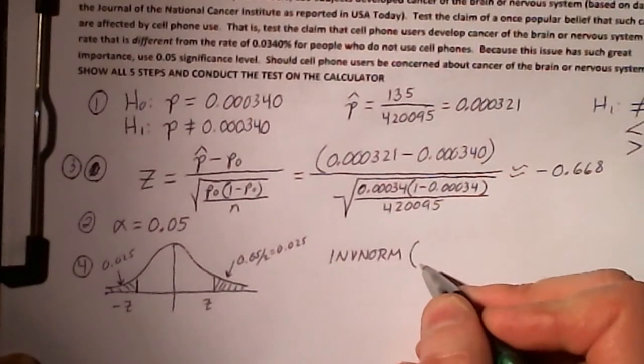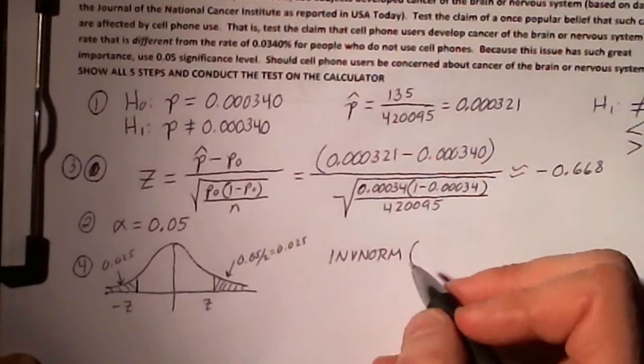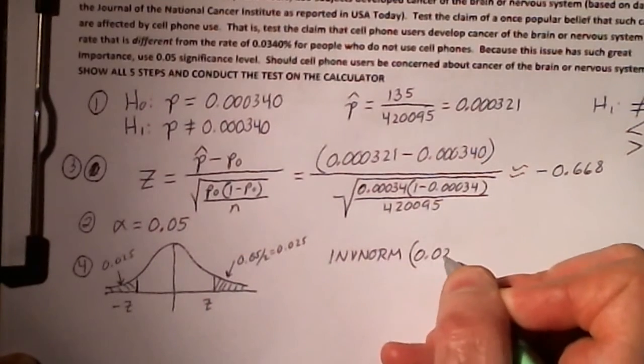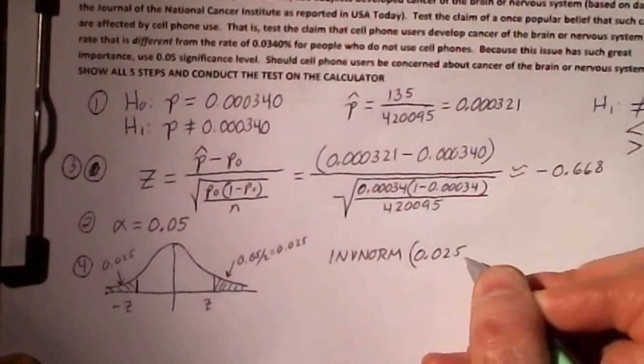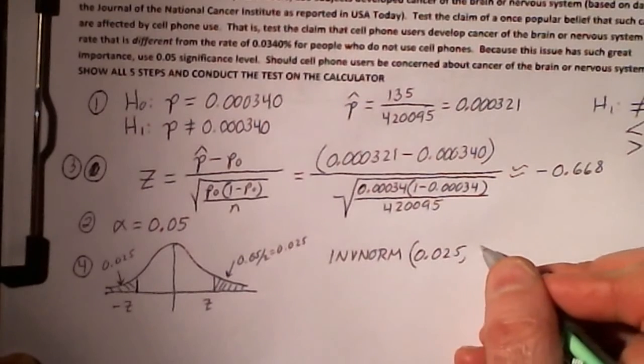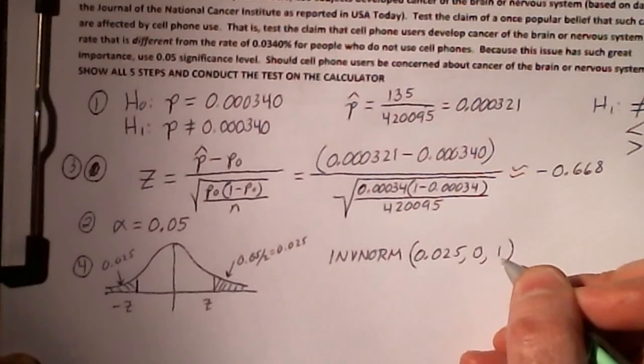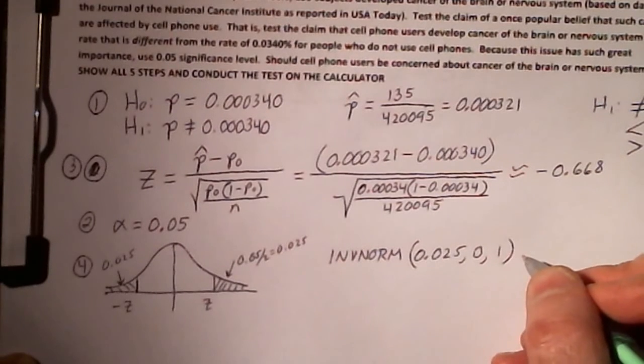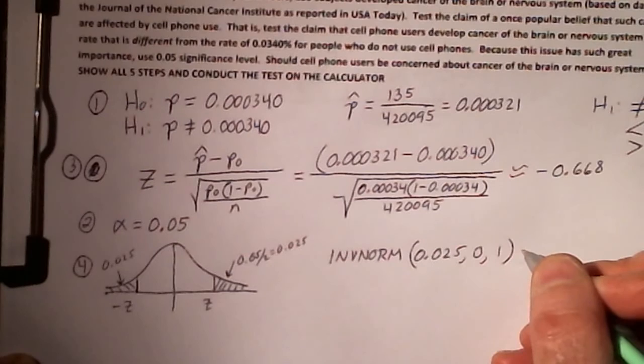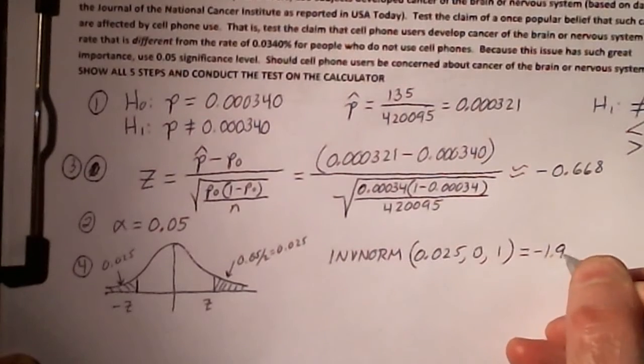You're going to type in the area to the left of your critical z-value, which is 0.025, comma, and then you're going to type in 0 and 1 for the mean and standard deviation of the standard normal distribution. When you do this, you should get, for a critical z-value, about negative 1.96.